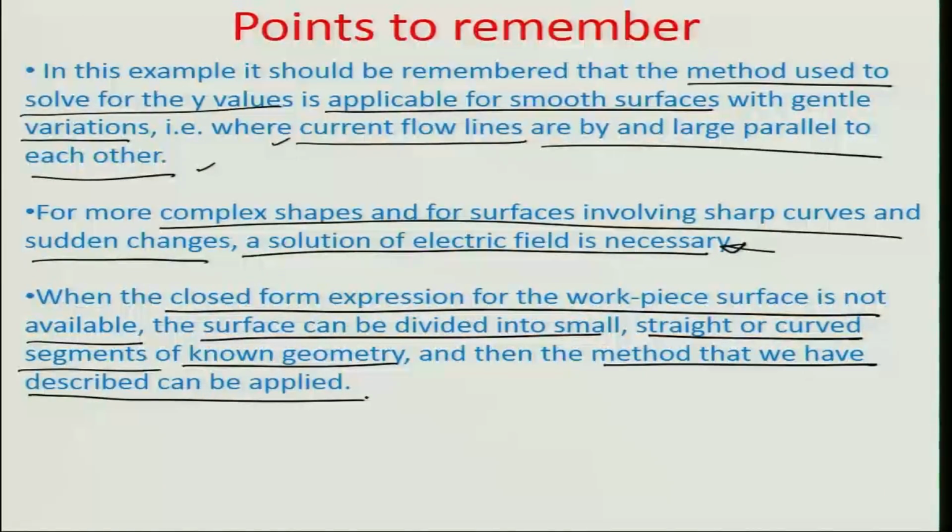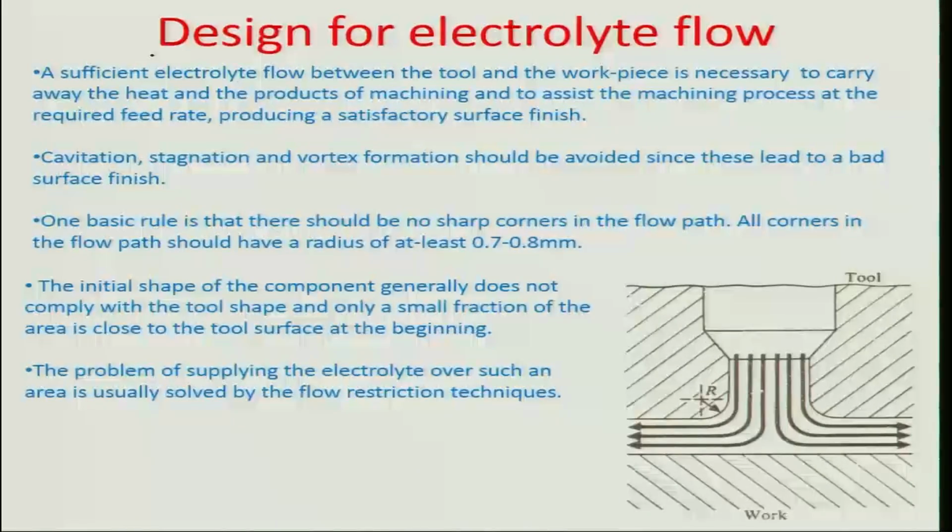Now, once we have looked into the shape estimation, the other point, as I just mentioned a minute ago, is how to design for the electrolyte flow. The electrolyte flow is a very important component, because we want to avoid any kind of recirculation zones or eddies where there can suddenly be a shoot in the conductivity.